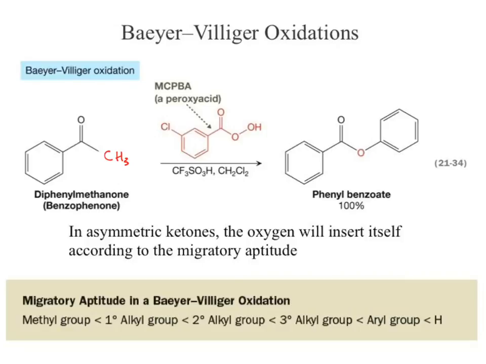This is ultimately why I think you should just memorize it. The migratory aptitude is incredibly nonsensical. So if you already have to memorize a migratory aptitude, just memorize the reaction. Okay? So our oxygen inserts according to the migratory aptitude.